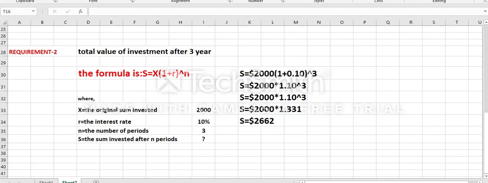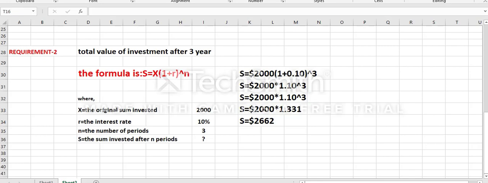In these types of problems, where the questioner wants to know the value of investment after a certain period, we should use the formula of compound interest. So x equals the original sum invested, which is 2000, r equals the interest rate, which is 10%, and n equals the number of periods, which is 3 years.